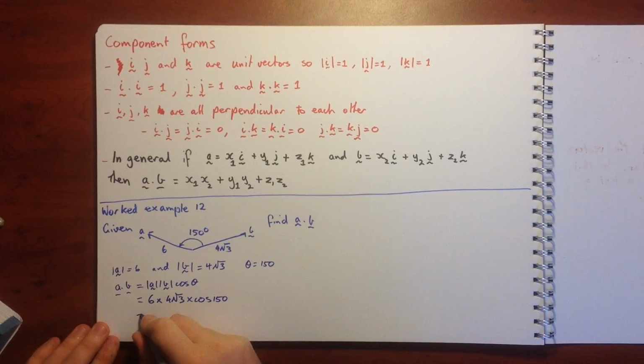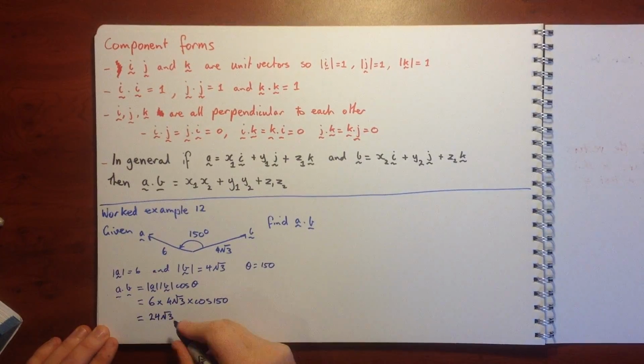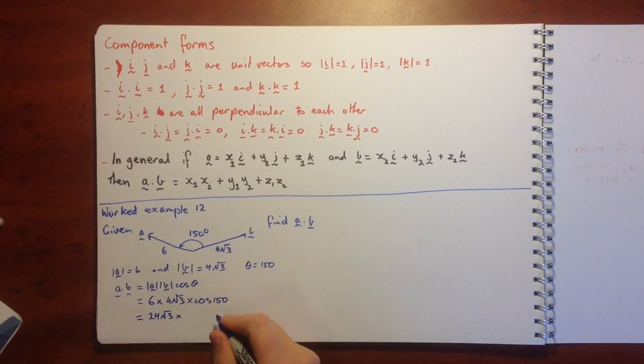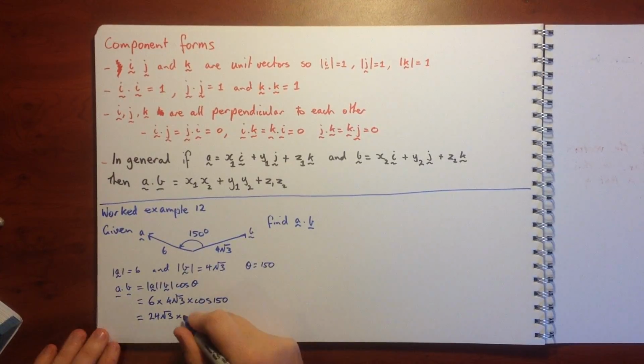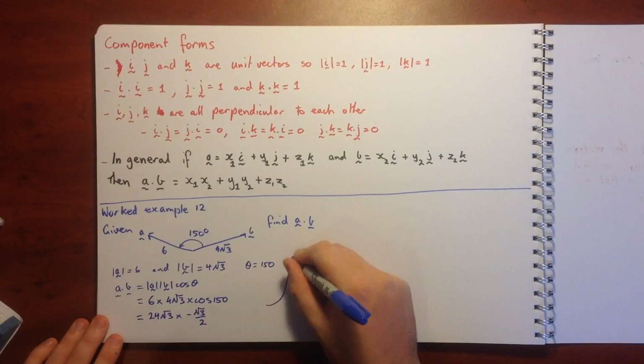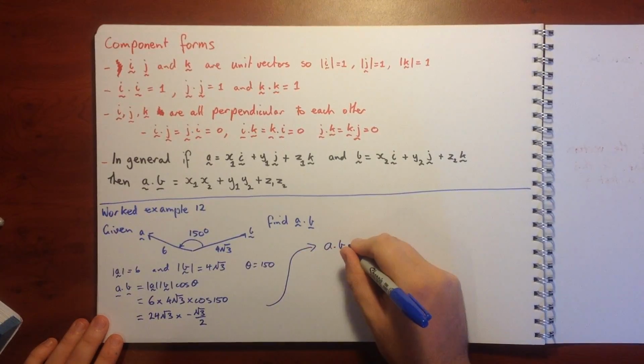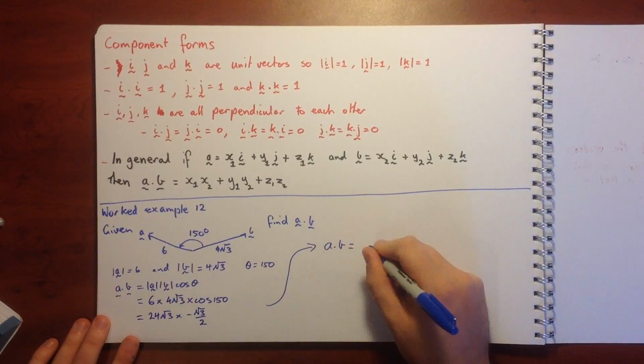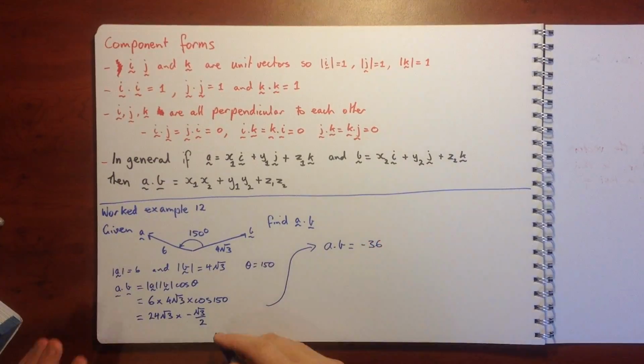We'd say then that this is going to be equal to 24 root 3 times cos of 150, which is negative root 3 on 2, which means that A dot B is equal to minus 36 when we expand that out.